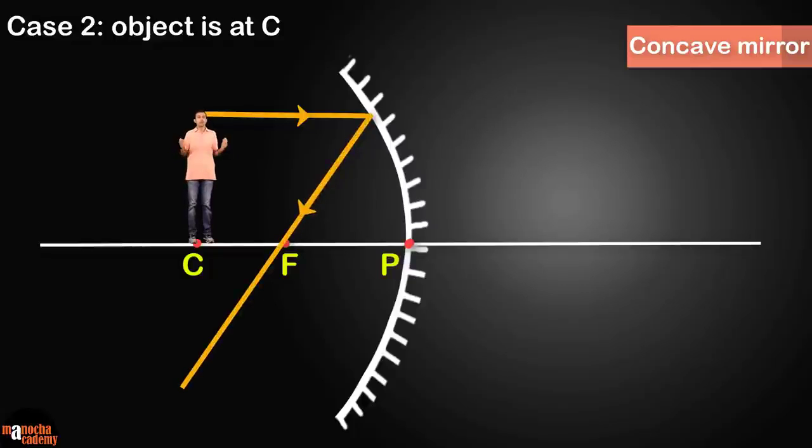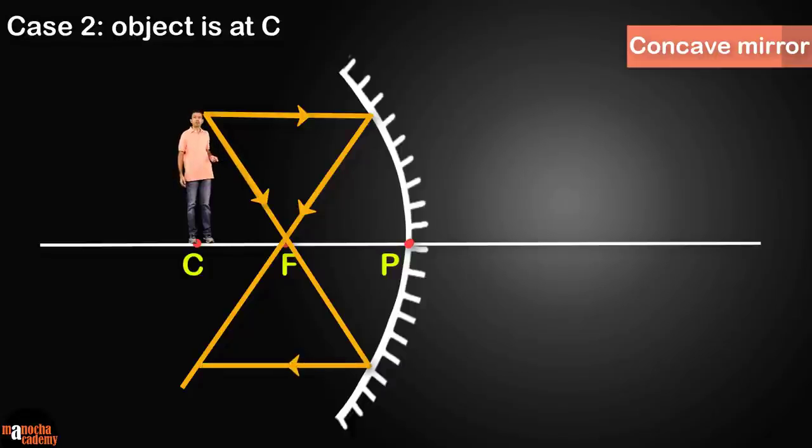Now I can't use rule 2 since I am standing on the center of curvature. So let's go ahead and use rule 3. The ray that is passing through the focus after reflection is parallel to the principal axis. So this is our second ray here.